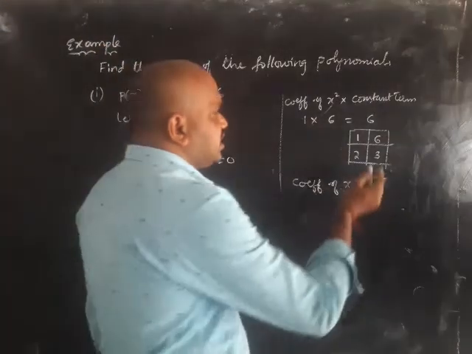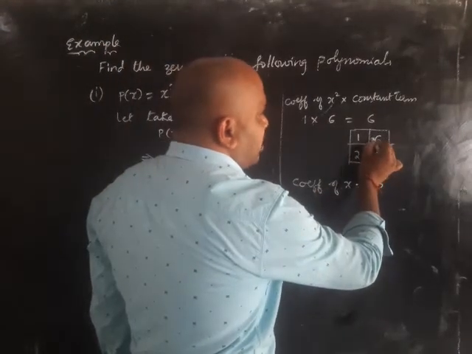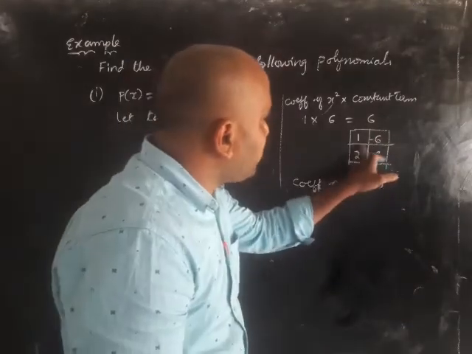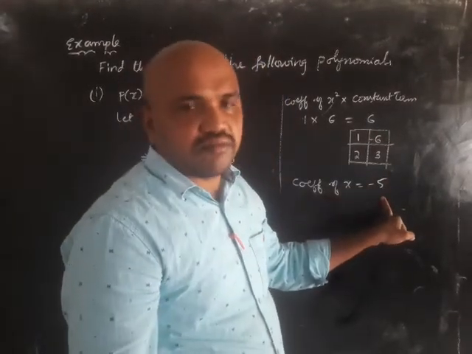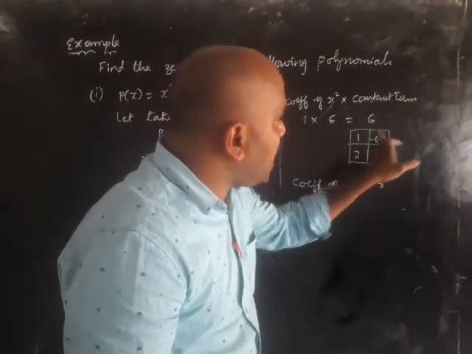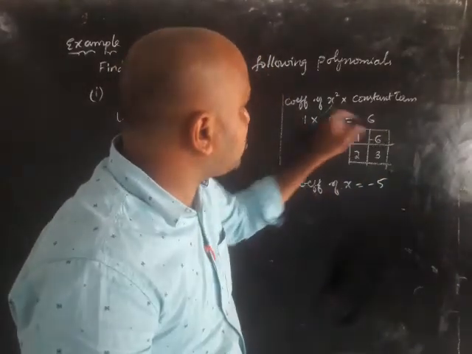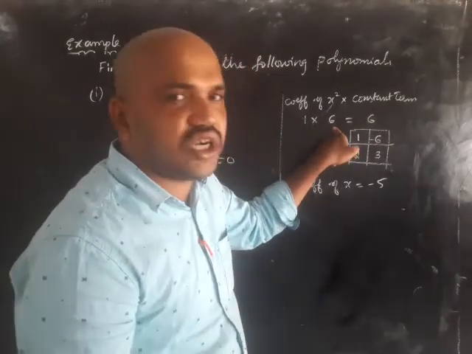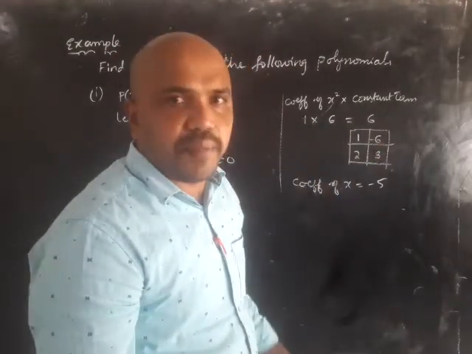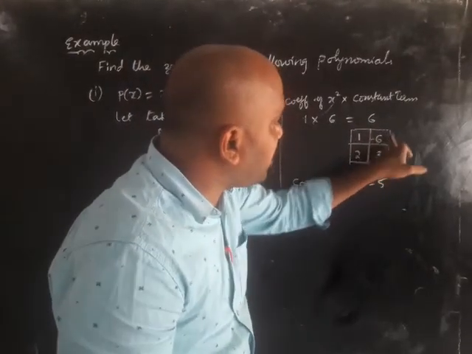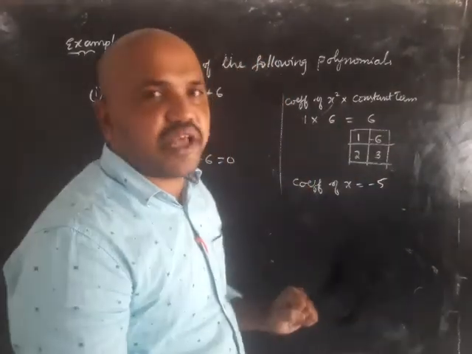So if we take 6 as minus 6, then 1 minus 6 we are getting minus 5. But on multiplying we are not getting plus 6 here. What we need is coefficient of x square into constant term, which is plus 6. But on multiplying 1 into minus 6 we are not getting plus 6.